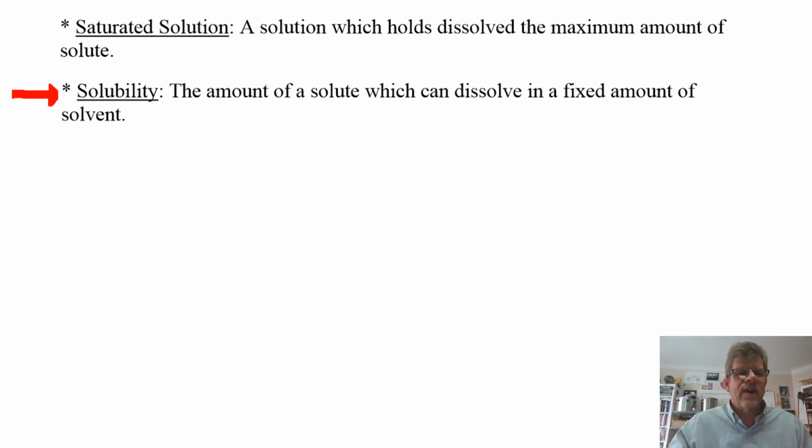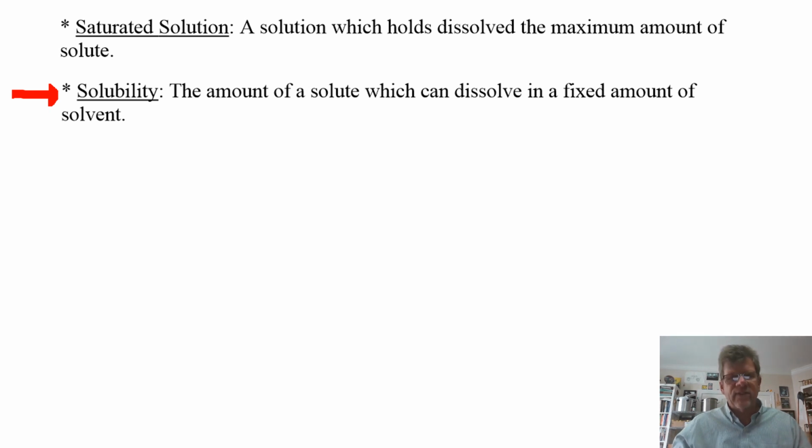As it says here, the solubility of a solution means the amount of solute which can be dissolved in a fixed amount of solvent. We have to define the amount of solvent, whether in volume or in mass, because obviously more solvent will dissolve more solute.